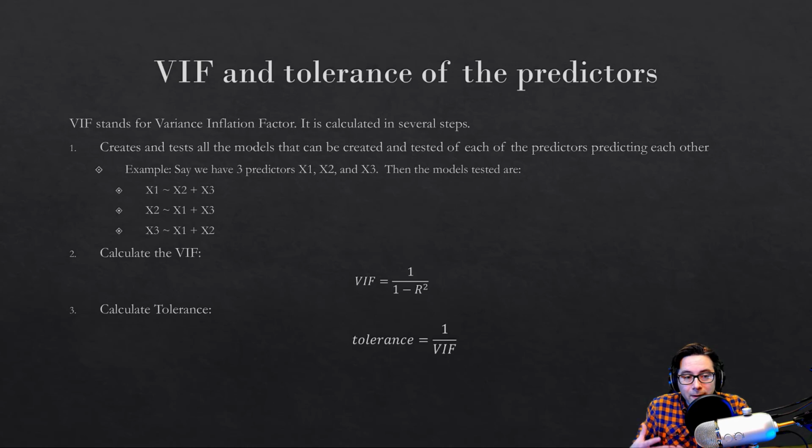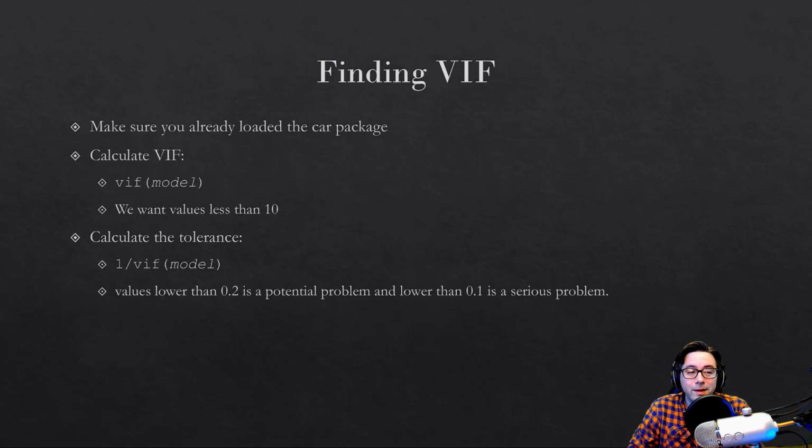And so depending upon what those R squareds are, that will affect the VIF. So the VIF itself is 1 over 1 minus that R squared, and then the tolerance can be found as the inverse of that, right? So it's a little bit of calculation, but remember, R does a lot of the work for us. So we have a simple method that we can use. You just have to make sure you have the car package.